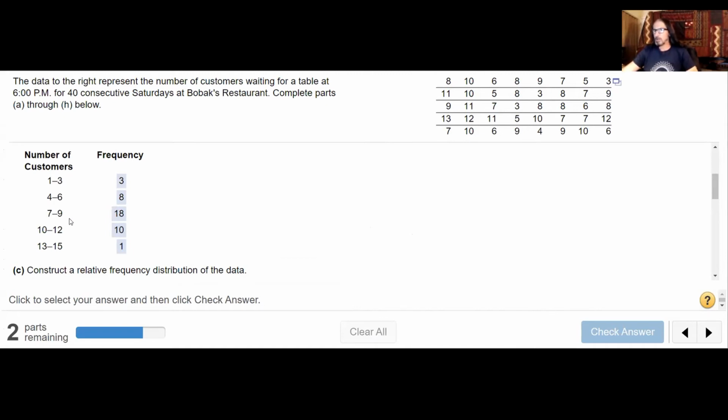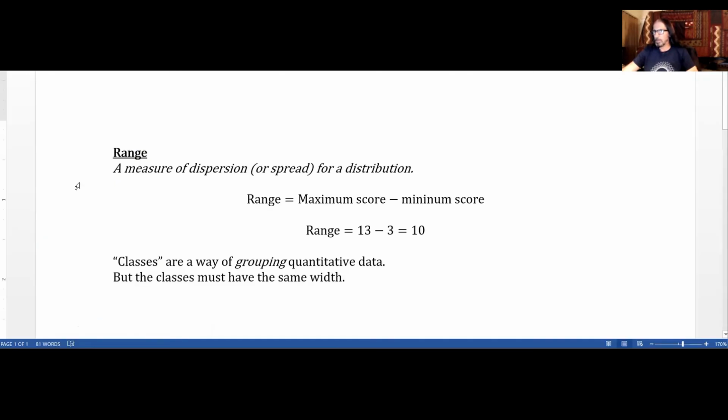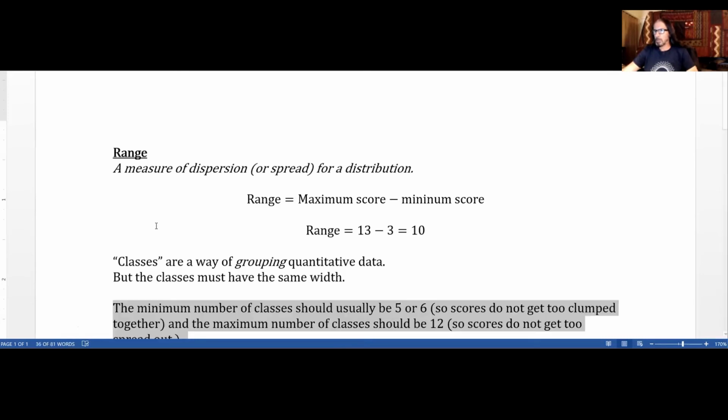So what we need to do is have our rectangles be of equal width. Just like your rectangles are of equal width in a bar graph, a histogram is the quantitative data equivalent of a bar graph.